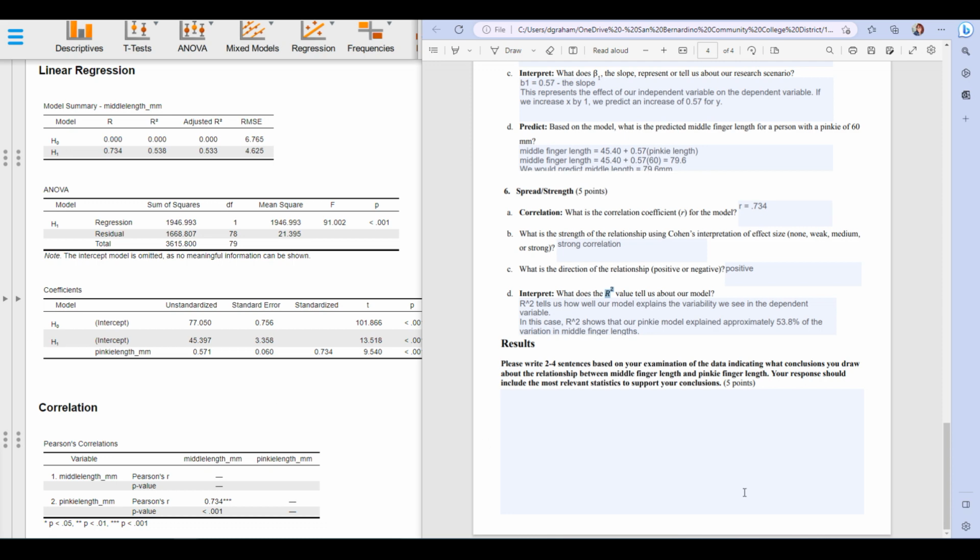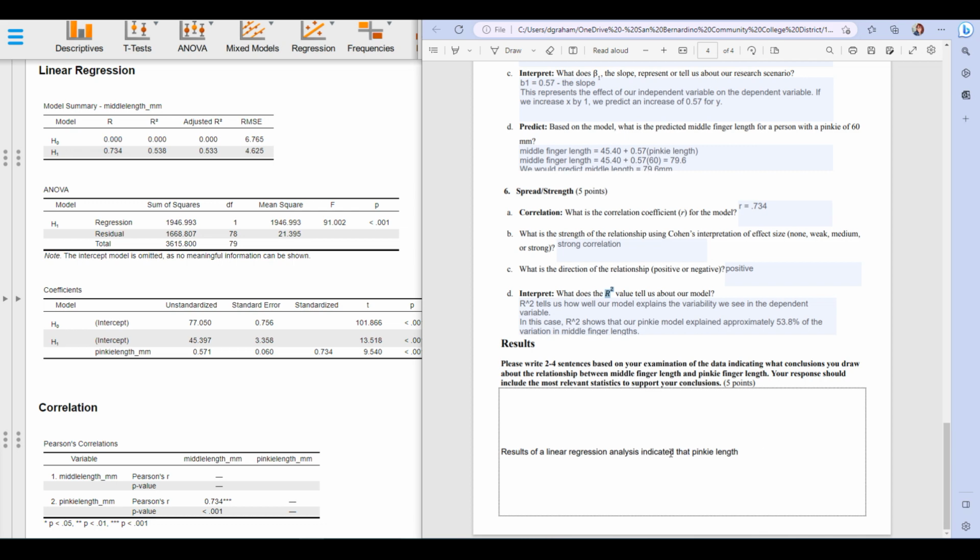So I might say that results of a linear regression analysis indicated that pinky length was significant, but I'm not expecting you to necessarily get that part, so maybe we'll leave that out.